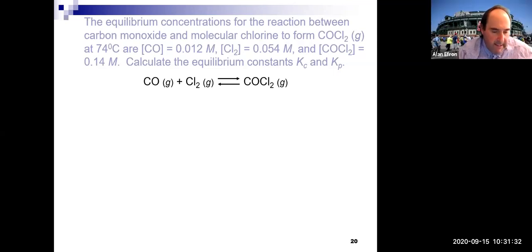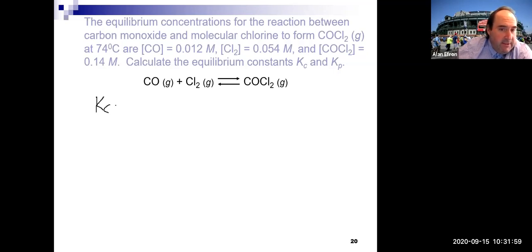Okay, so let's take a look, see how we're doing. We want to find both the Kc and the Kp in this particular case. How you're going to approach it is based on what was given to you in the problem. When we look at this problem, we're obviously given the equilibrium concentrations of everybody. So that would tell us that we should probably start with the Kc since we do have the concentrations.